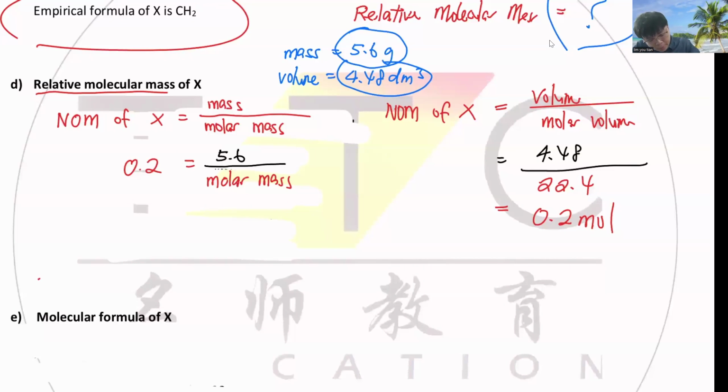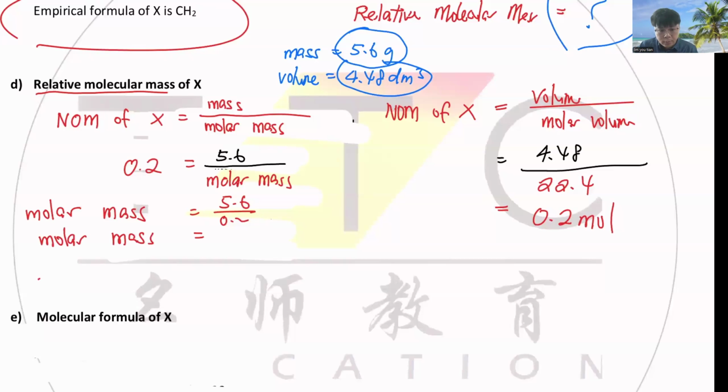Then I need to calculate my molar mass now. Molar mass equals to 5.6 divided by 0.2. I get 28 gram per mole.